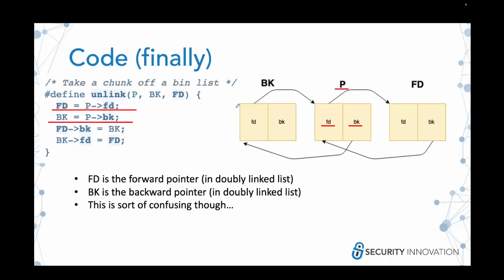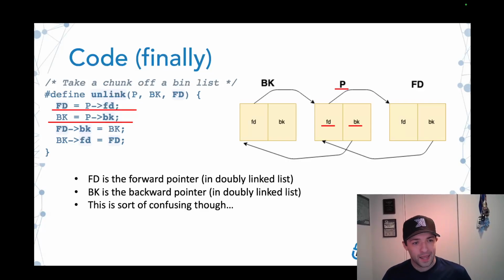So we've shown a lot of visuals, and I think showing code is helpful for how this macro actually works. This is what the macro looks like, and I've just renamed it because it is such a pain in the butt to actually denote. Talking about FD's BK and BK's FD just makes no sense.